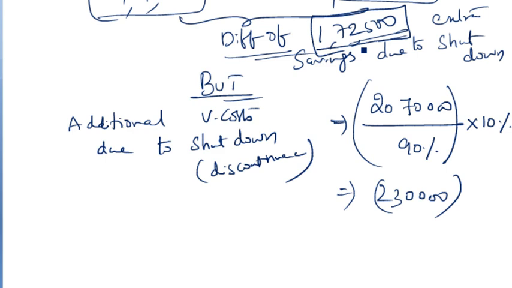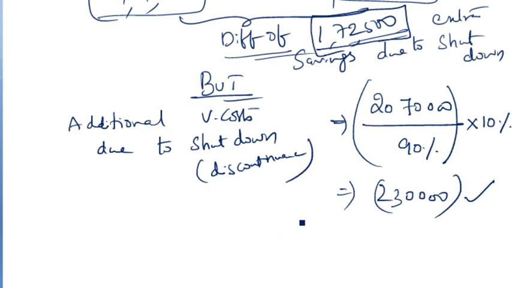At the same time, there is a loss of 2,30,000 if you shut down, because only if you discontinue, I'm not talking about the factory, I'm talking about that particular division, then your cost will increase by 2,30,000.